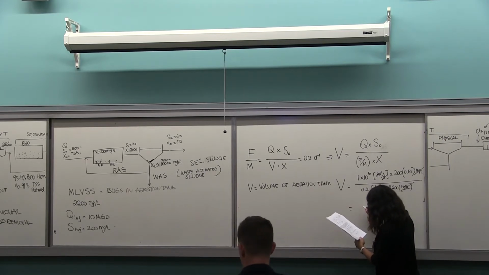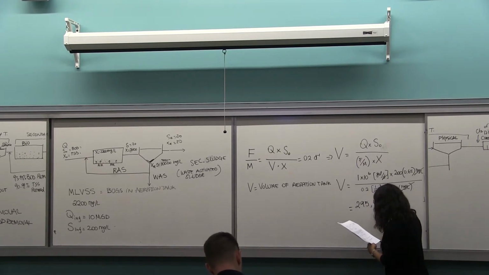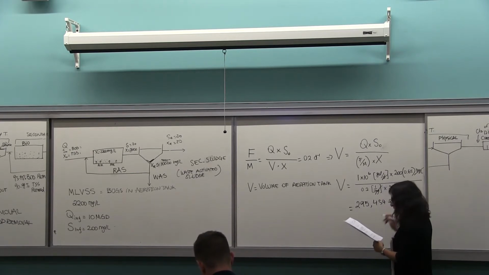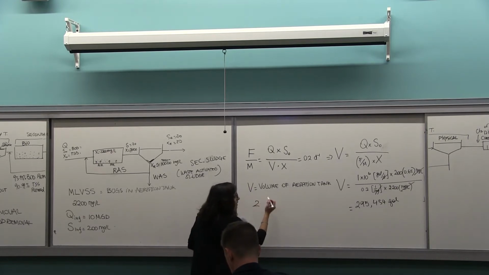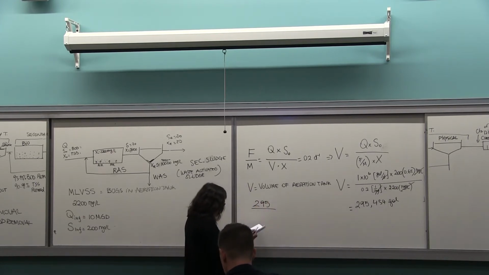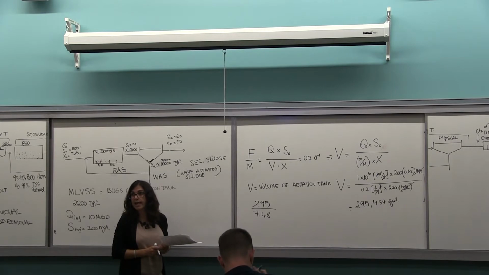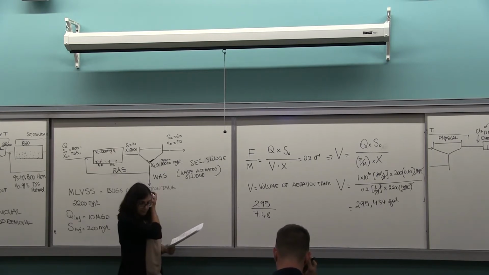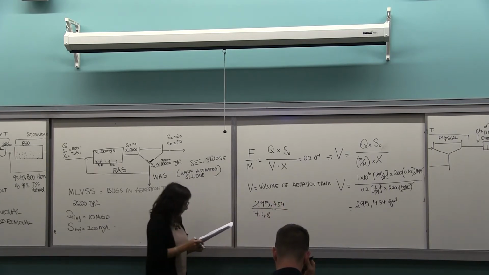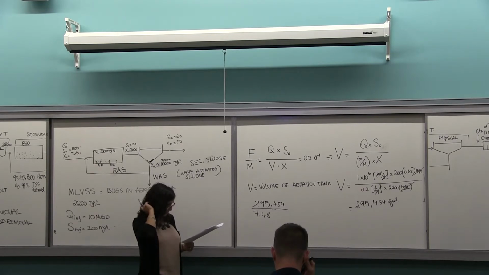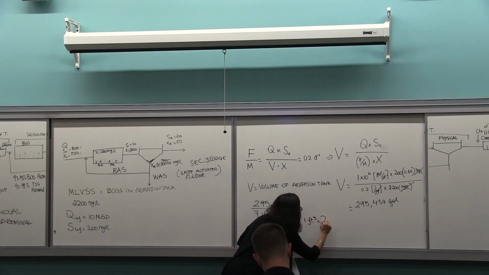This is 295,454 gallons. Of course, the problem is given in cubic feet, so we need to convert: 295 divided by 7.48, right? That conversion between cubic feet and gallons, because 1 cubic foot is 7.48 gallons.